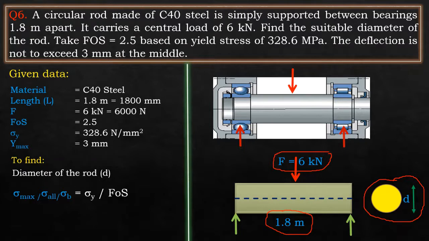In some books, the allowable stress is also called maximum stress, maximum bending stress, working stress or design stress. By substituting the values of sigma y and FoS, we get the allowable stress as 131.44 megapascals. So in this entire numerical, we'll be using the allowable stress value 131.44 megapascals instead of sigma y.